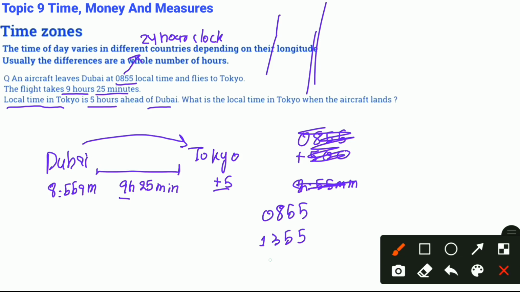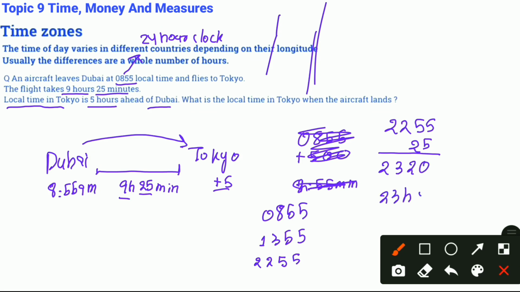Then you add 9, so it's going to be 22.55. Now we need to add 25 minutes, so it's going to be 23.20. So 23 hours and 20 minutes. This would be the local time.